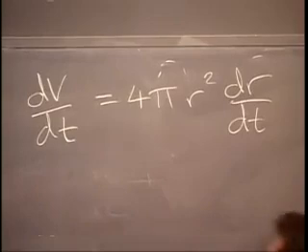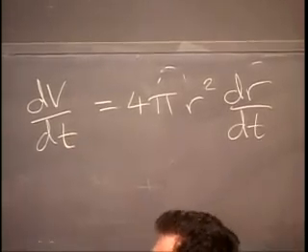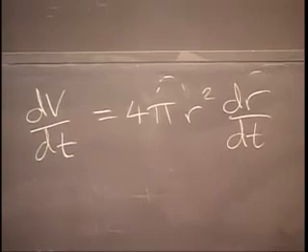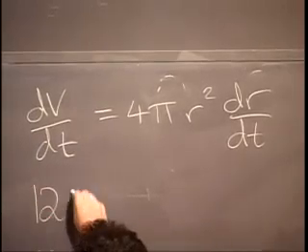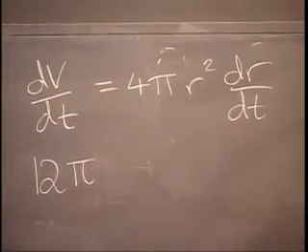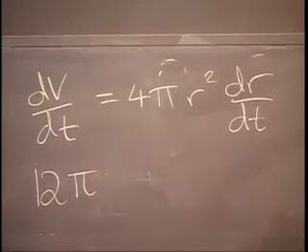So we better know what dv dt is. Well, the question says air goes in at 12 pi inches cubed per second. So dv dt is just 12 pi, because the balloon is increasing by 12 pi in volume every second.